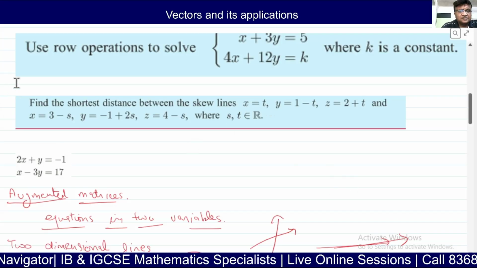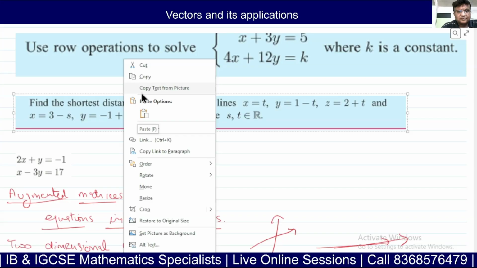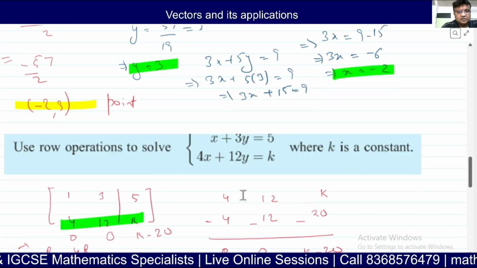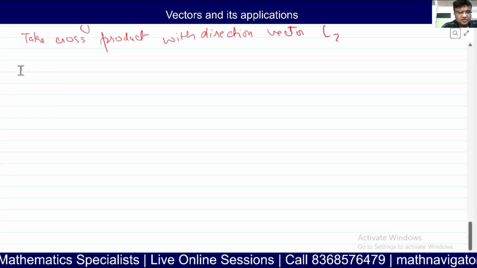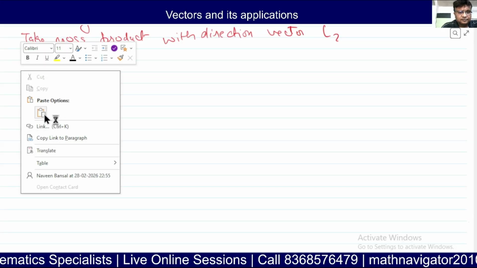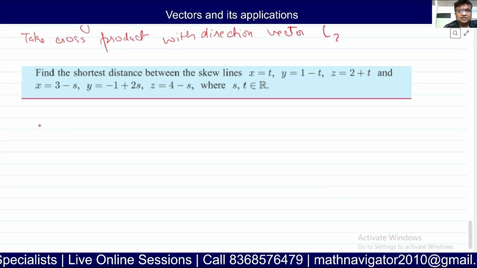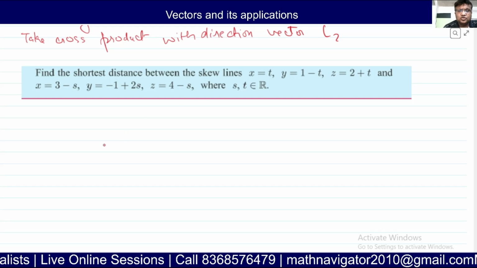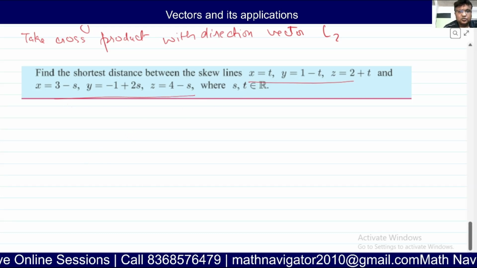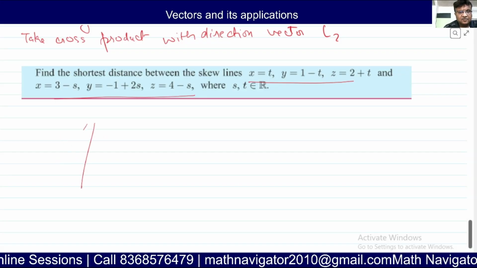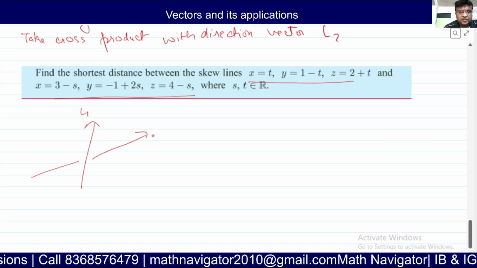Let's take this. So basically, these are the two skew lines. Let's say this line is L1 and this is L2.